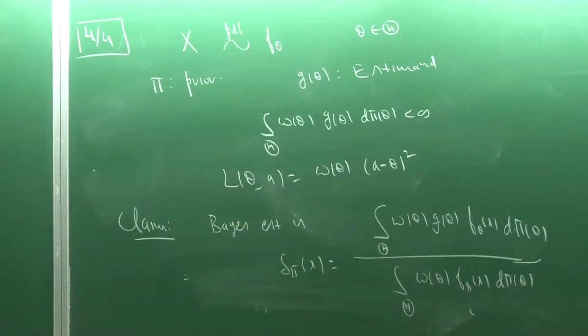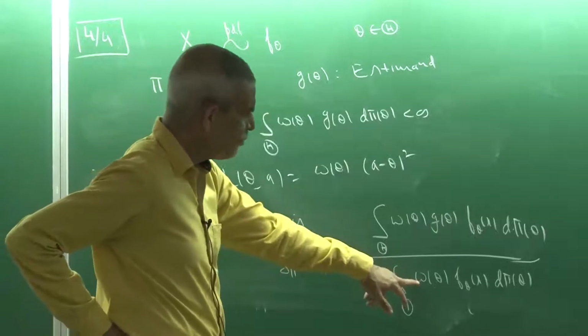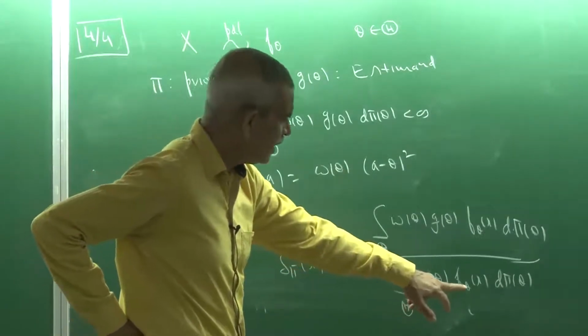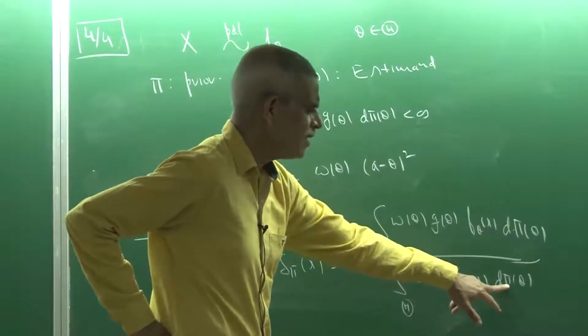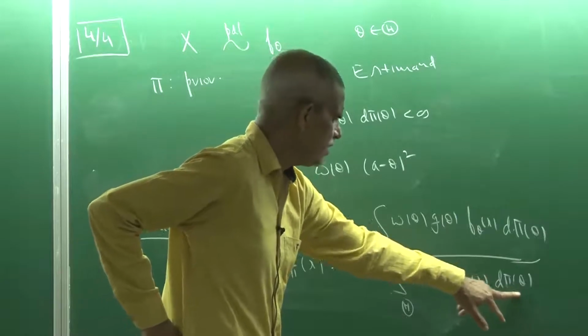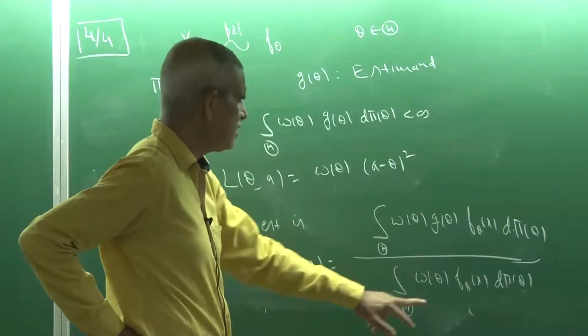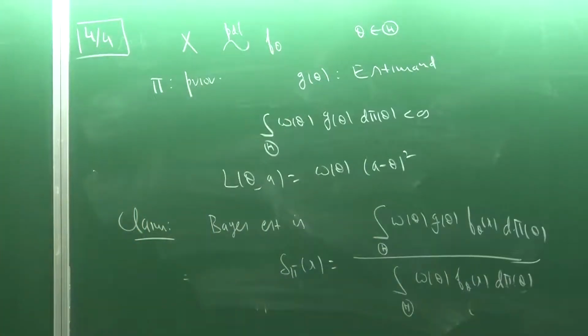Now, before I do that, note that if w theta is 1, then it is f theta x d pi theta. So it is a conditional distribution of x given theta, and then you integrate out the density of theta. So what happens with this, you get the marginal of x.